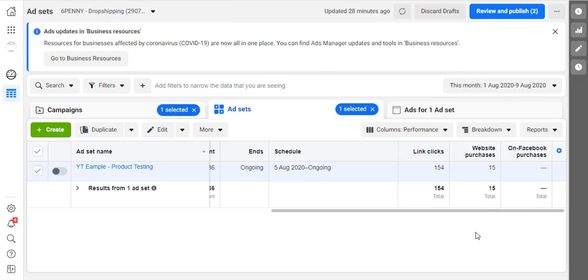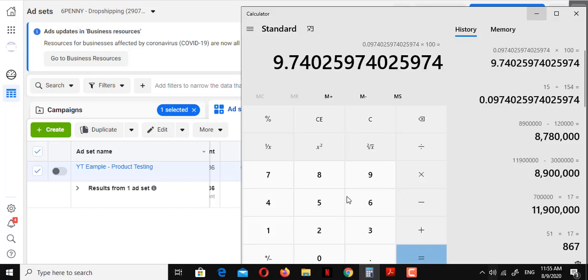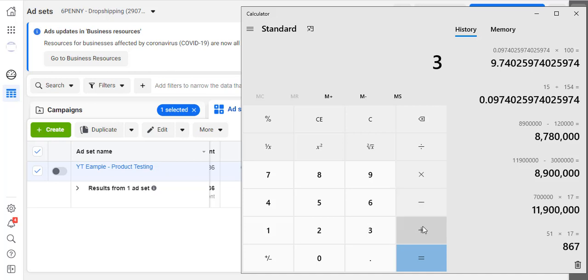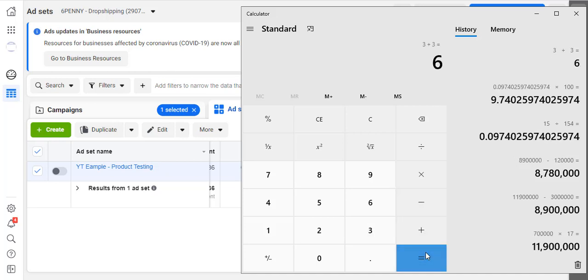The product itself was not an expensive product. It was around 299 South African rands. Let's see, I actually bought it for $3 plus $3 shipping. That's $6 multiplied by 3.